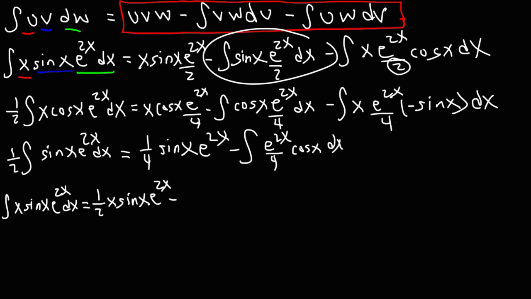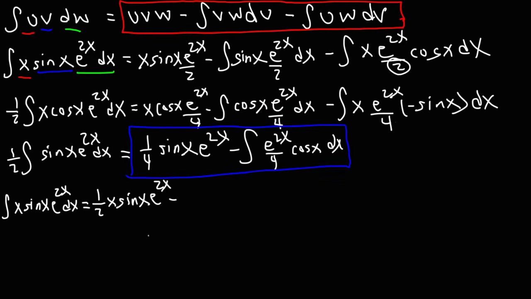Now replacing this expression with what we see here, it's going to be minus 1/4 sine x e to the 2x, and minus that expression, so that's going to be plus 1/4 the integral of cosine x e to the 2x. And let's not forget dx.